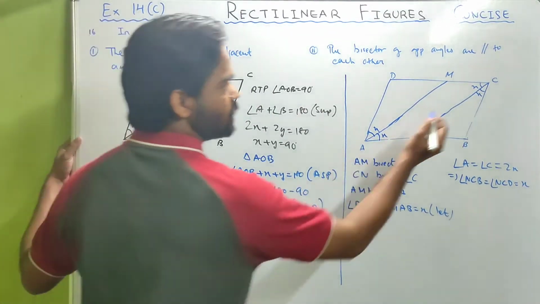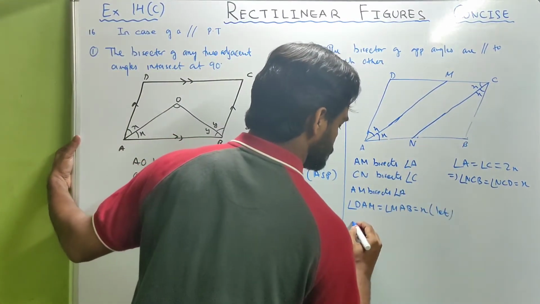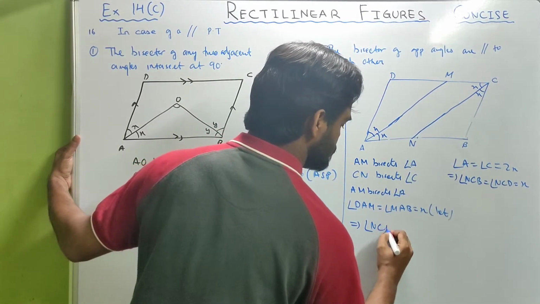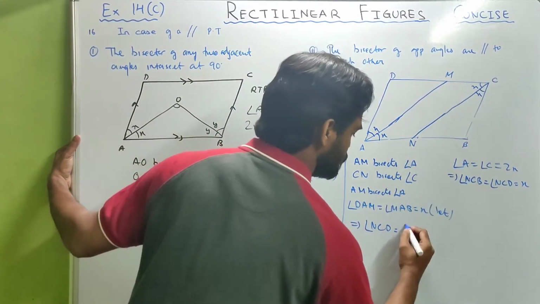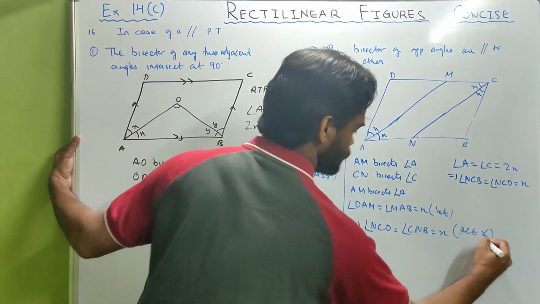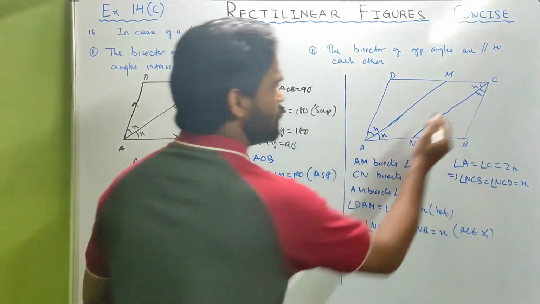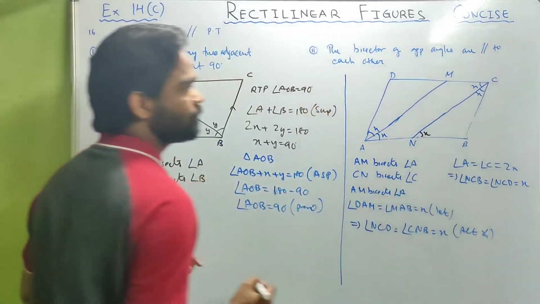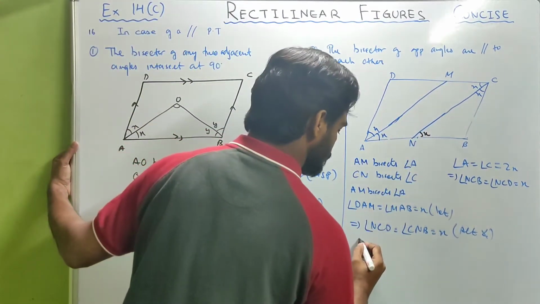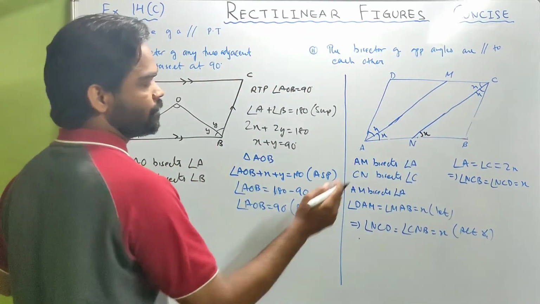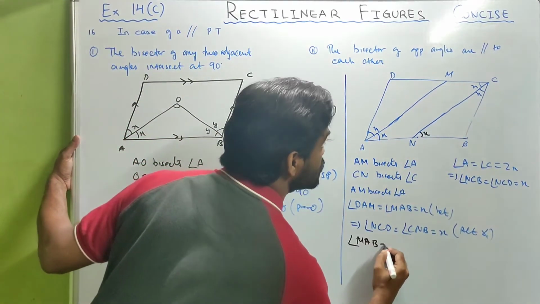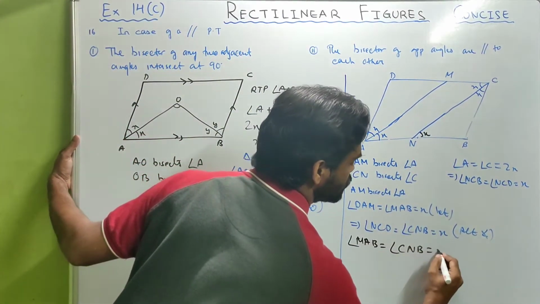Now look carefully. Angle NCD is equal to CNB, which is equal to X, alternate angles. Which means this angle and this angle are equal, isn't it? Now look at AM and NC. Angle MAB is equal to CNB is equal to X degrees.